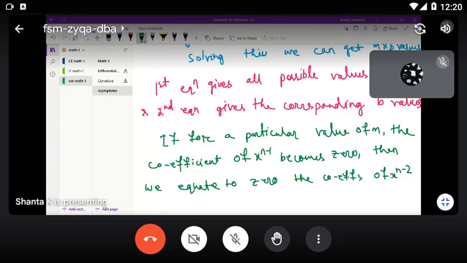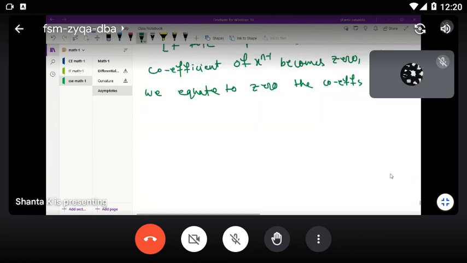Let's do one simple example. Suppose our example is f of xy equals x cube plus y cube minus 3axy, and this curve equals 0.